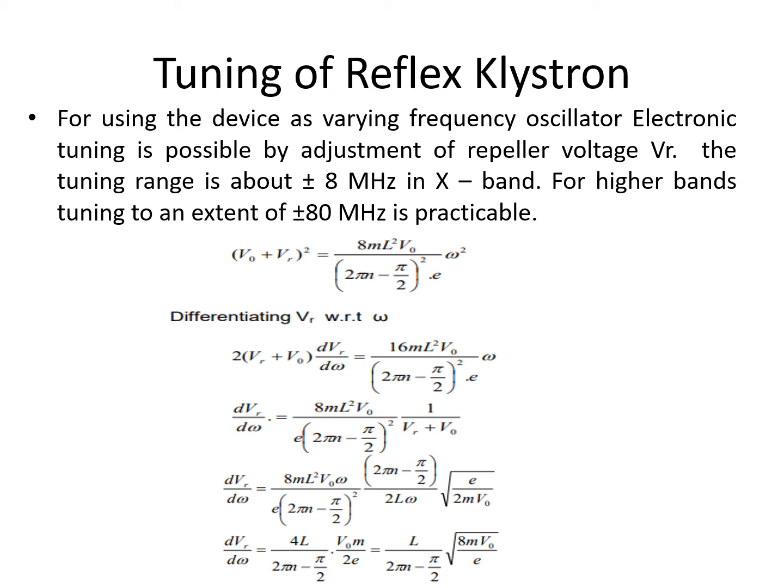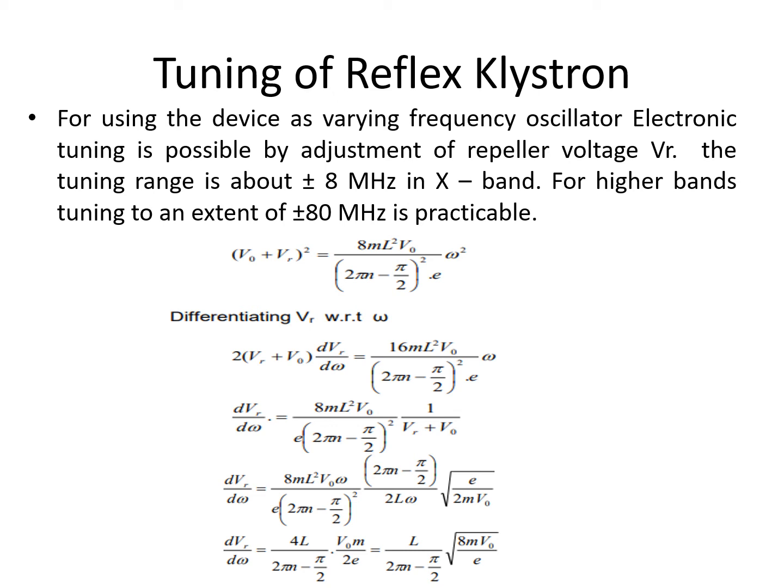Now here we are going to establish a relationship between the frequency f and the repeller voltage VR. From the previous equation we continue, further differentiating the repeller voltage VR with respect to ω, and we get the relation as shown here.